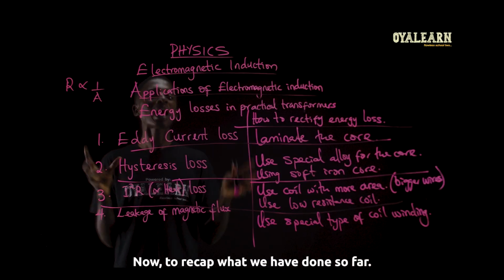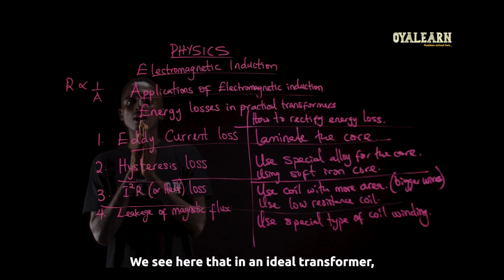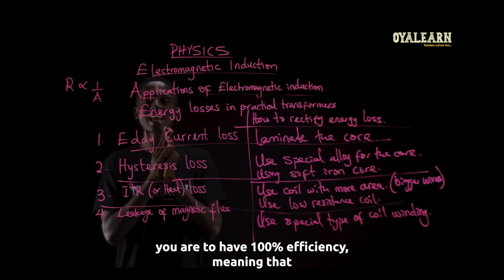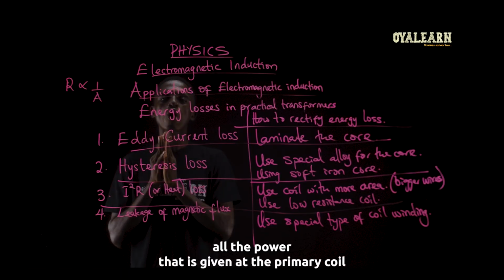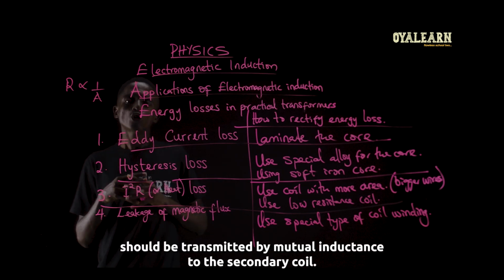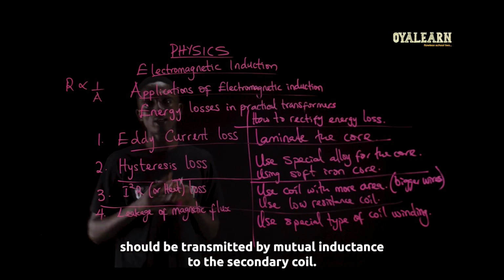Now, to recap what we have done so far, we see here that in an ideal transformer, you ought to have 100% efficiency, meaning that all the power that is given at the primary coil should be transmitted by mutual inductance to the secondary coil.